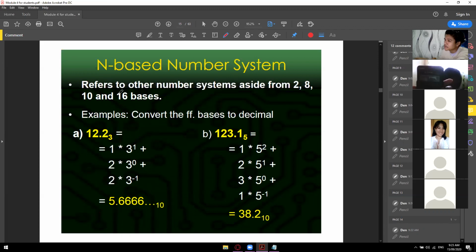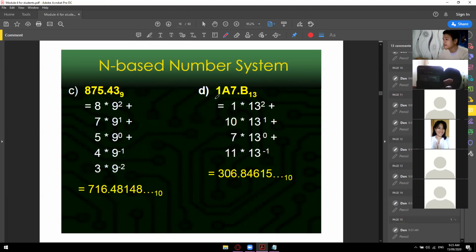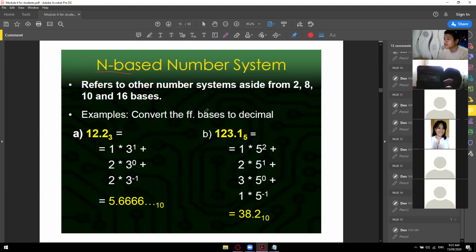Okay? So, kapag meron tayong base 3, base 5, base 9, 13, and so on and so forth, we call those n-base. Okay? Pero same process pa rin.